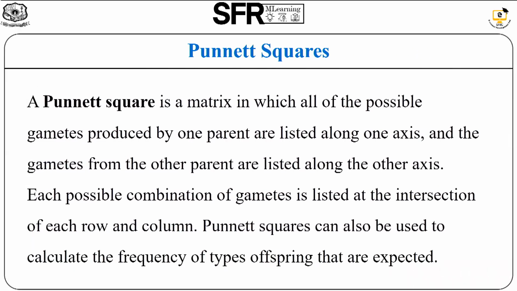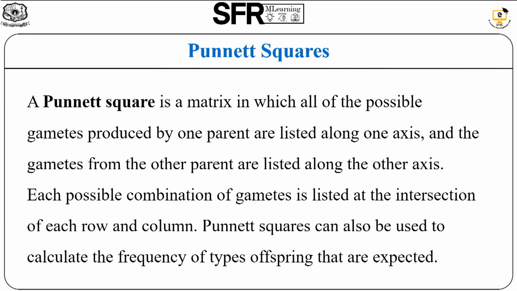Now the Punnett square. A Punnett square is a square shaped box. In this box Mendel put the characters he observed. That is known as a Punnett square. It is a matrix in which all of the possible gametes produced by one parent are listed along one axis, and gametes from the other plant are listed along the other axis.